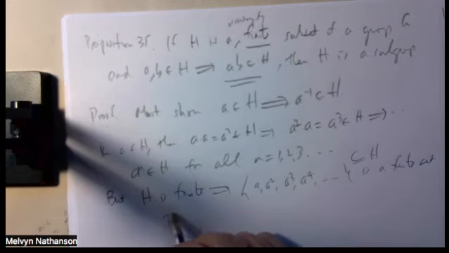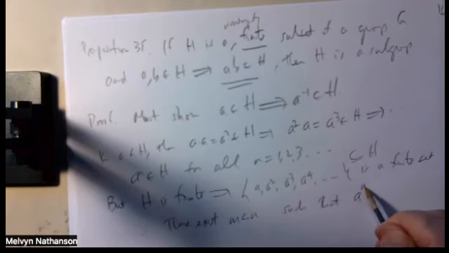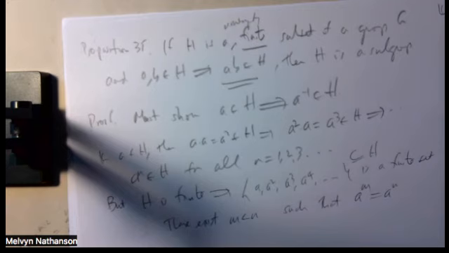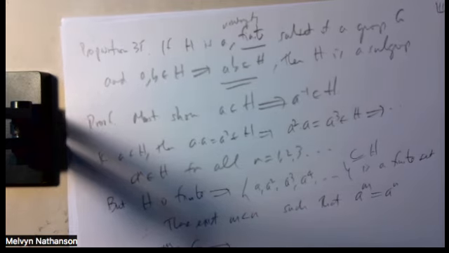So therefore, there exist integers m less than n such that A to the m equals A to the n. And A to the m is an element of G, so A to the minus m is in G. So if I multiply this on the right by A to the minus m, since A to the m equals A to the n, multiplying by A to the minus m is still an equation.